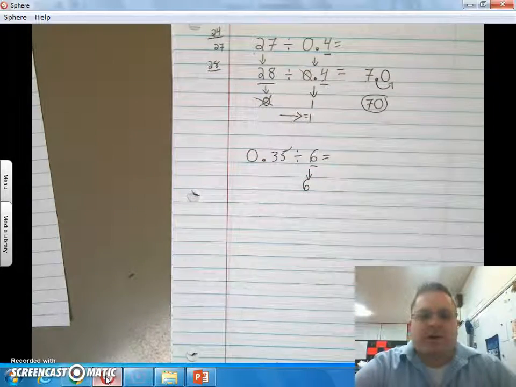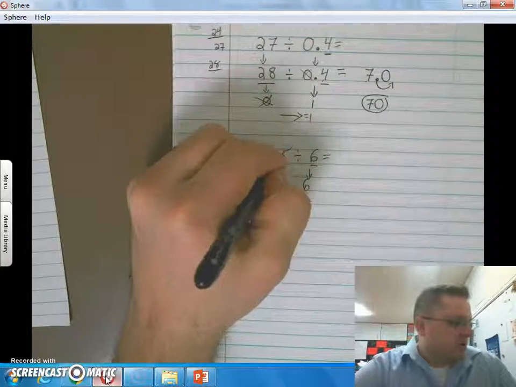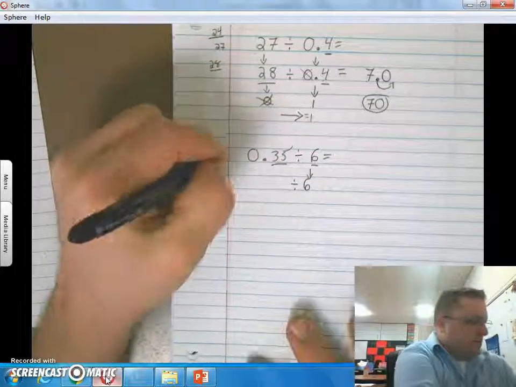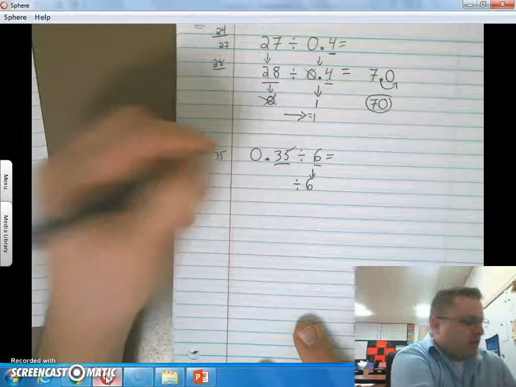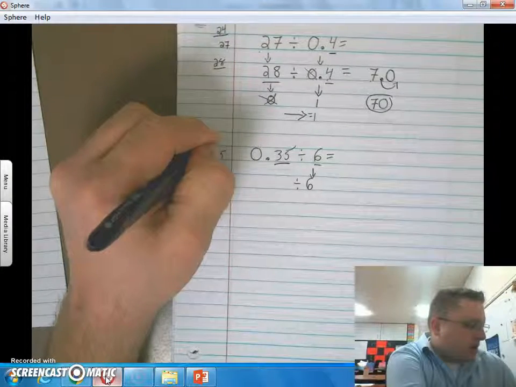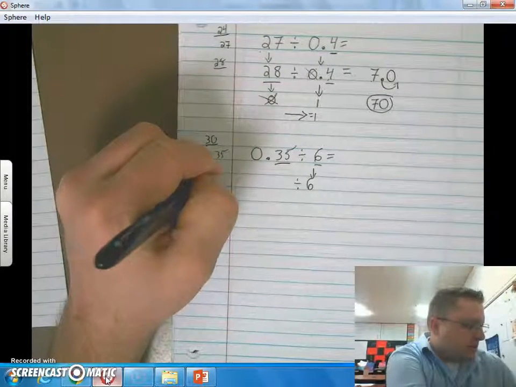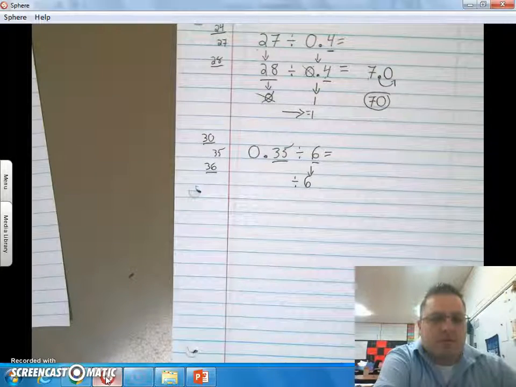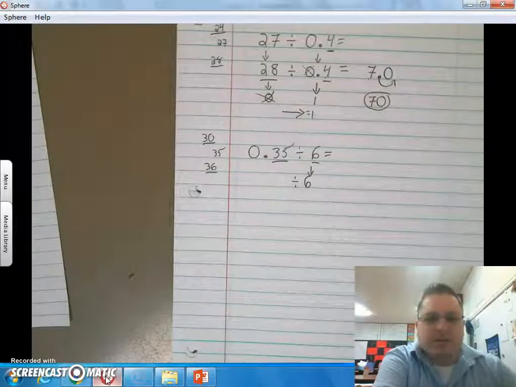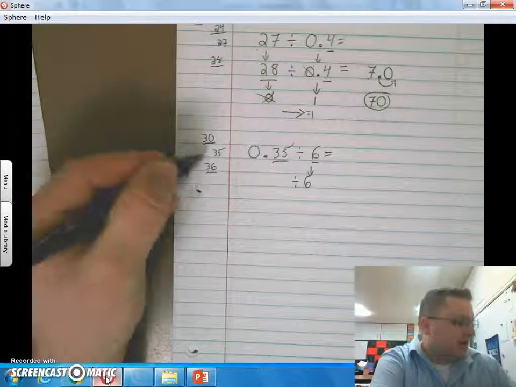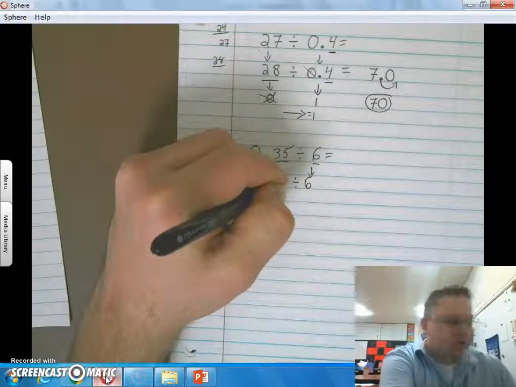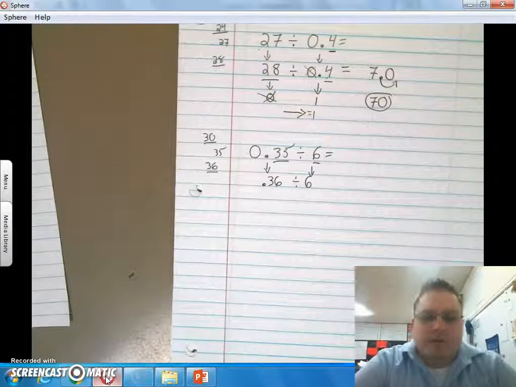Step 2, make our dividend compatible. 35 compared to 6. Well, 35 is not a multiple of 6, but 30 is, and 36. If I try to find which one is closer to 35, I can obviously see it's 36. So I'm going to say 0.36, and that's my new equation.